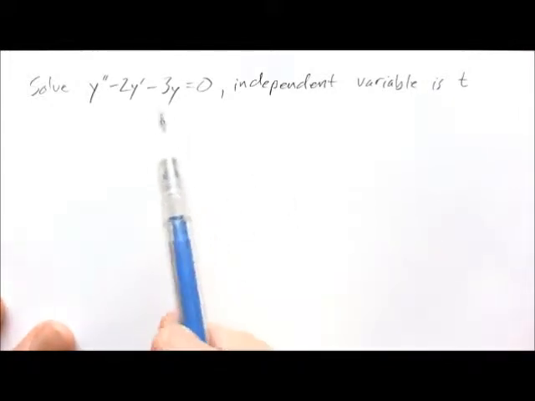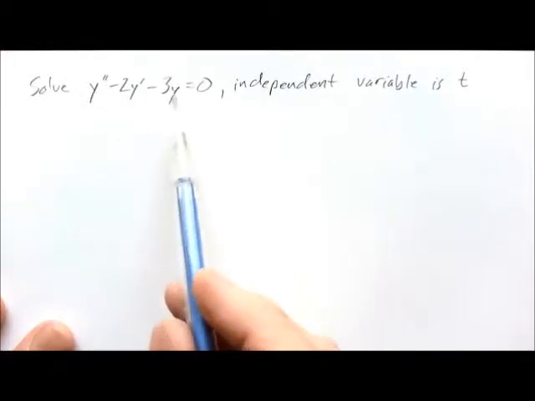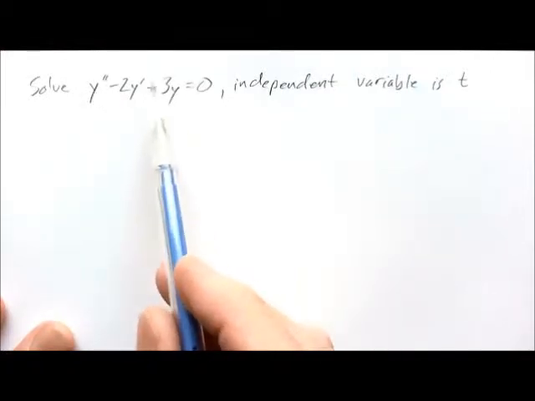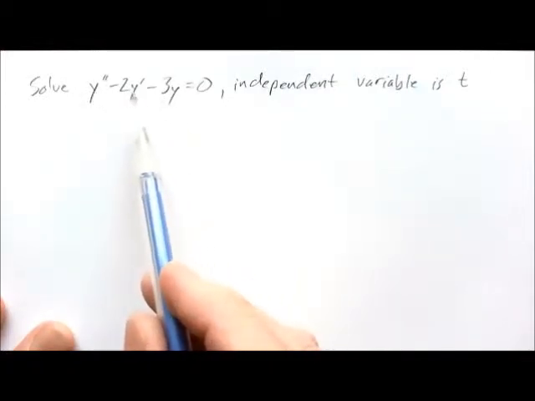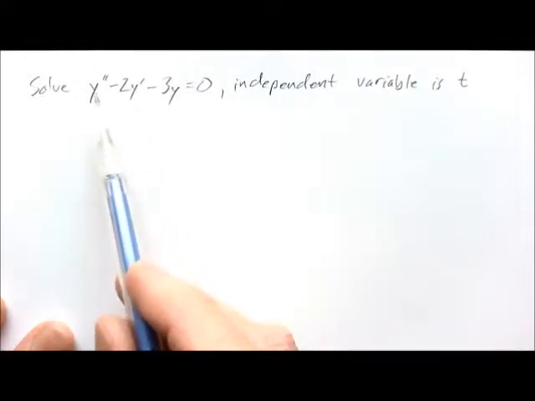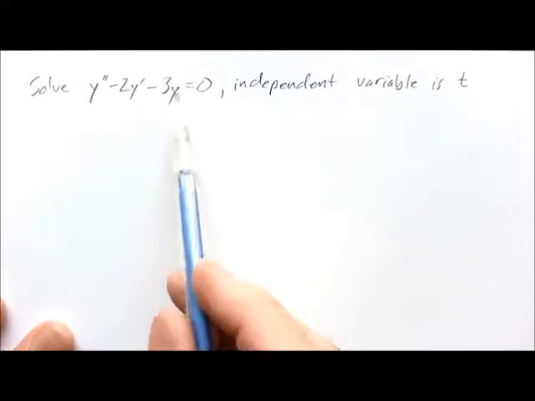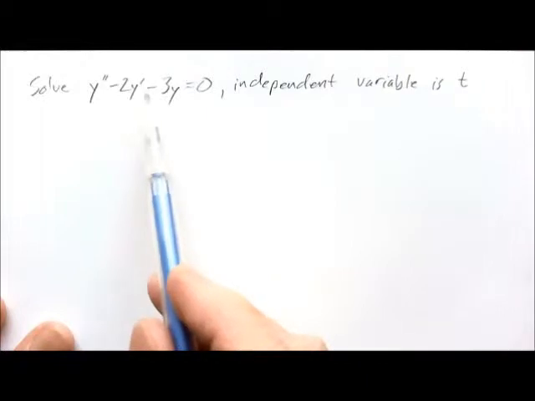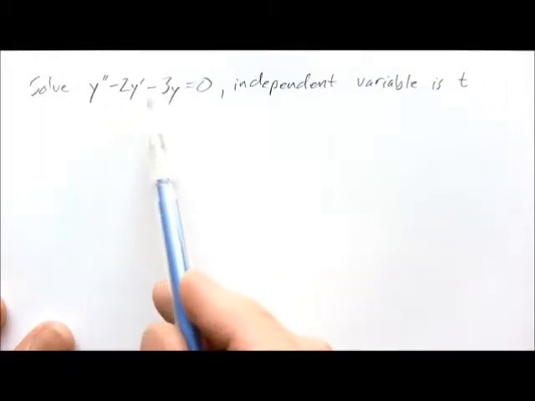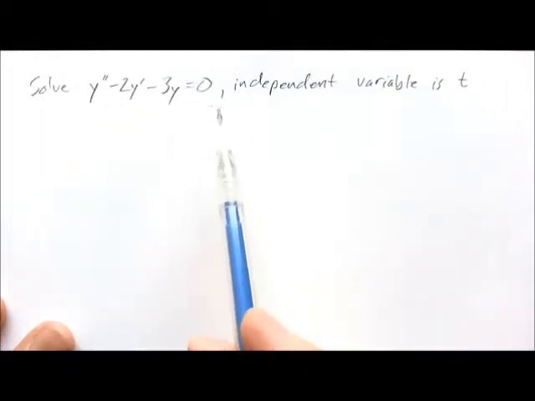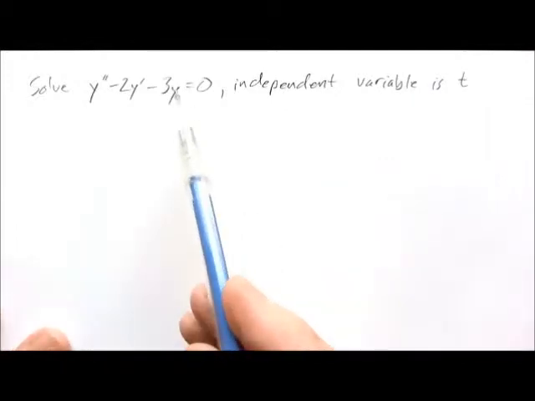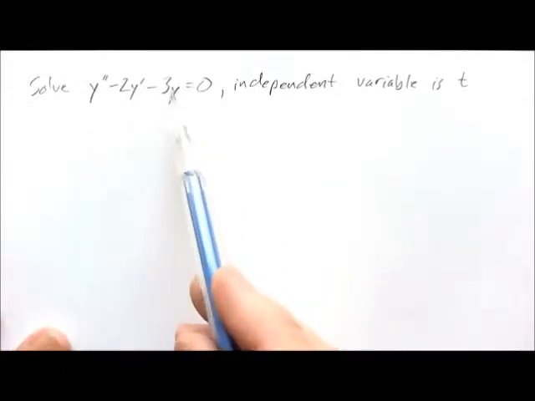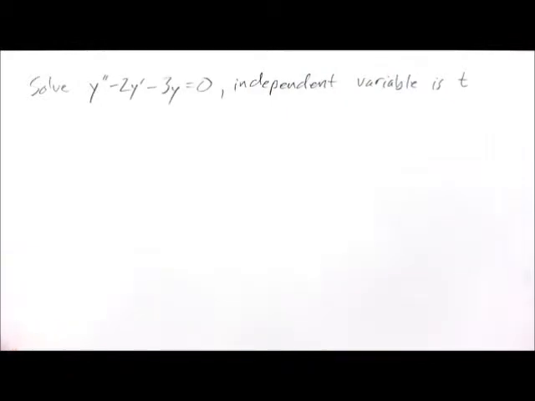Now, you can see that what we're doing is taking a function, multiplying by 3, and then taking the derivative of that function and the second derivative of the function, and we're combining all those things, the function, its first derivative, and second derivative, somehow to get 0. And so the only way that could happen is if the function and its derivatives were all very similar to each other.